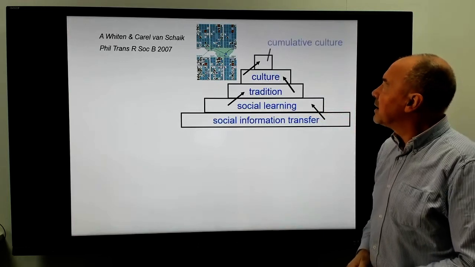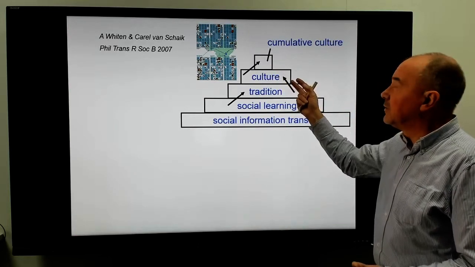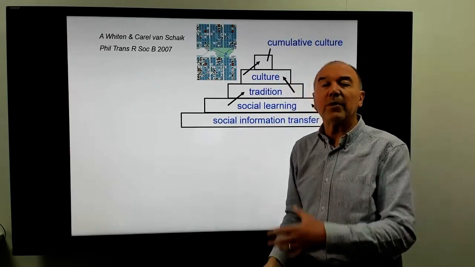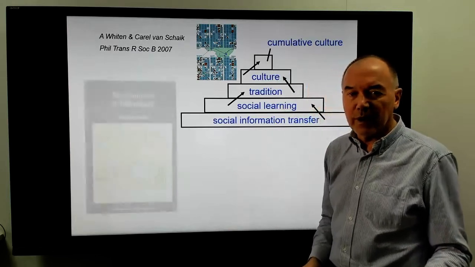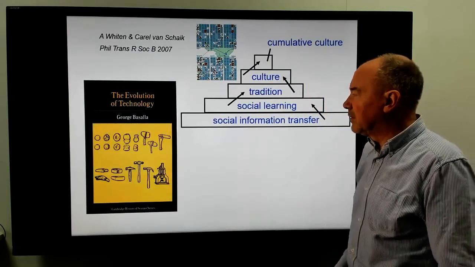But then we have to add finally cumulative culture as a subset of all the phenomena that are cultural. Cumulative culture is culture that builds up on what went before. And human culture is redolent of this.